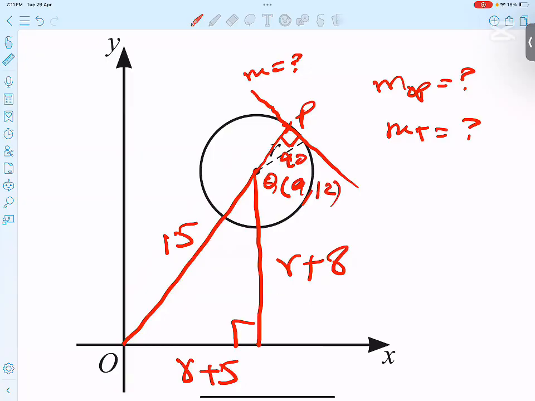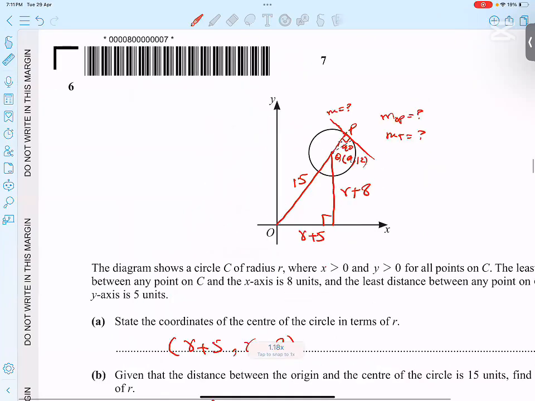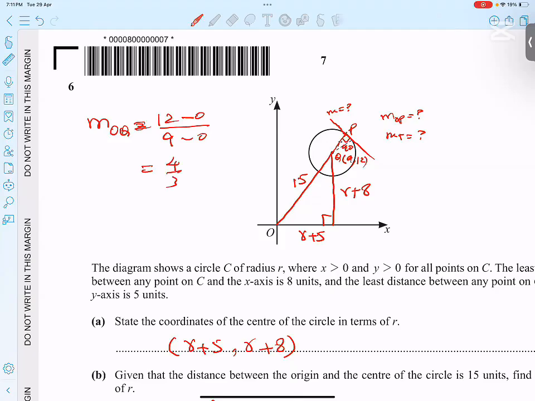So I'm going to find the gradient of OQ now. So what is the gradient of OQ? y2 minus y1 over x2 minus x1. So this is 3 4s, or 3 over 4, the gradient of OQ. OQ or OP, the same. So the gradient of OP is also the same.